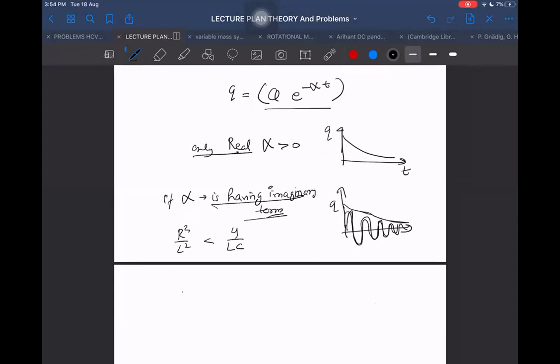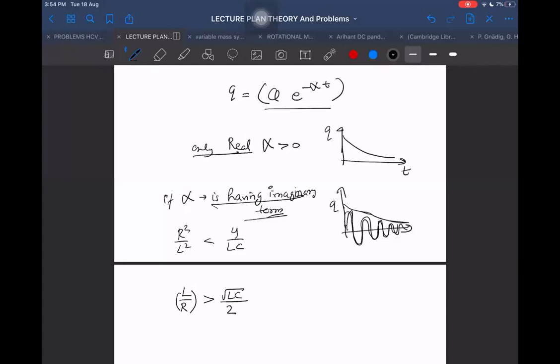When RC will be less than L by, no, it's not that way. That is not a better way to write. I will prefer to write L by R is the time constant, I think, right? L by R is the time constant. When L by R will be, what should I do, greater than root LC by 2, right or not?